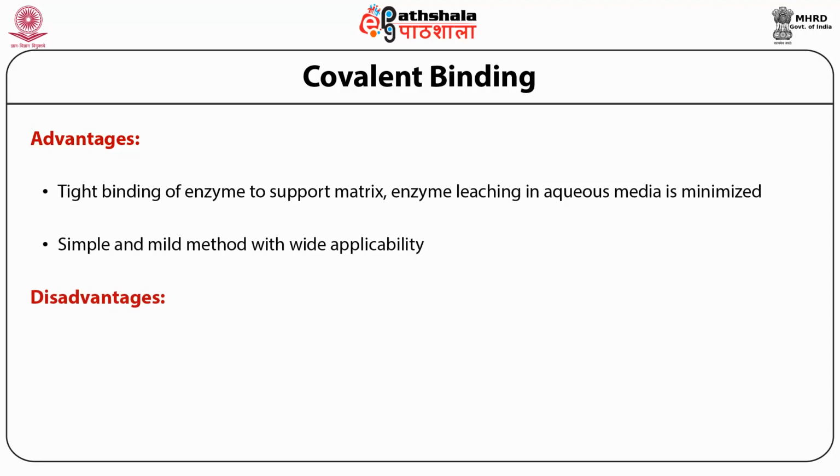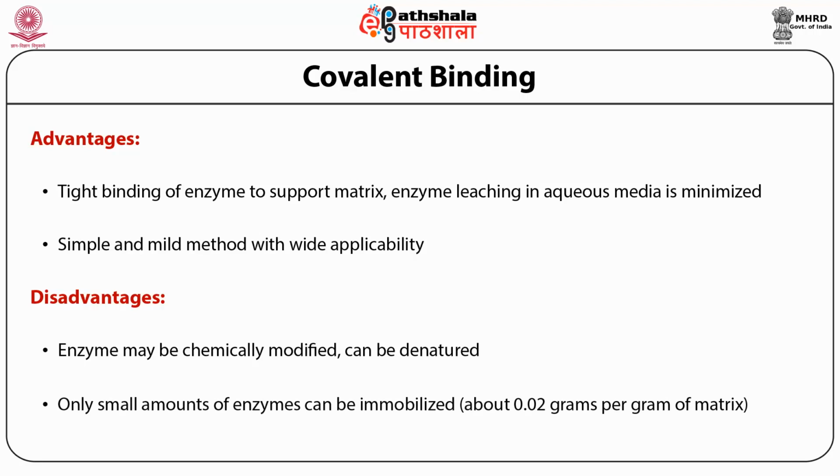But what is the disadvantage of this method? Because the enzyme is covalently modified, this modification may alter its activity. It may cause denaturation of the enzyme during covalent binding, and only a small amount of enzyme can be immobilized. If you have excessive enzyme, then it cannot be immobilized.